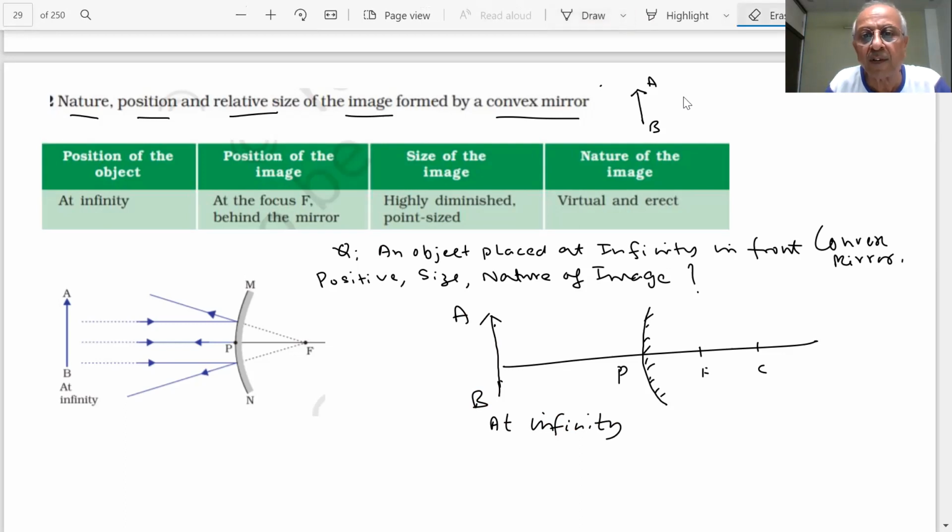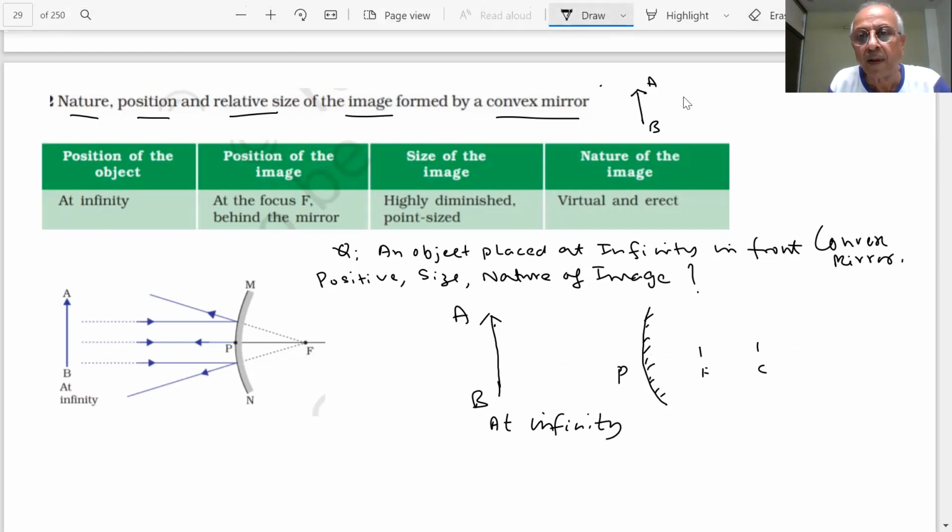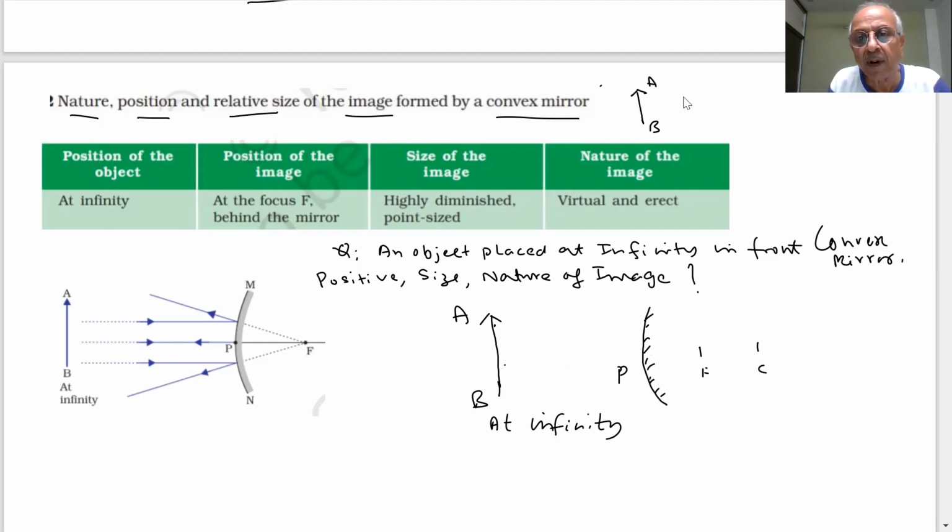Infinity. So I am putting some dashed line. Let me use it like this. Some dash line I'm showing, and then this. Okay, I'm drawing like this, student. Dash line, because it is coming from infinity.